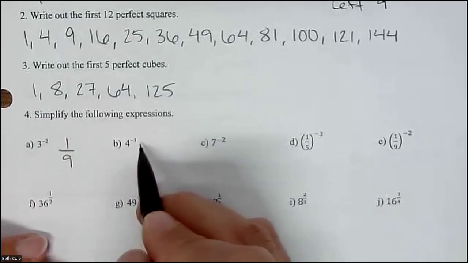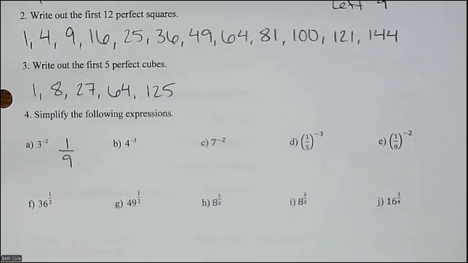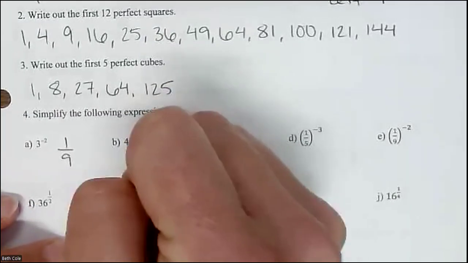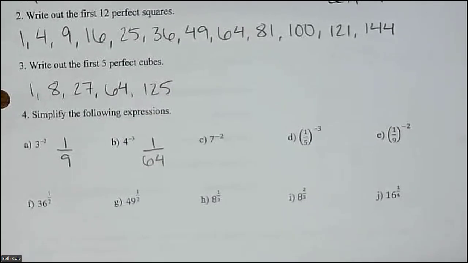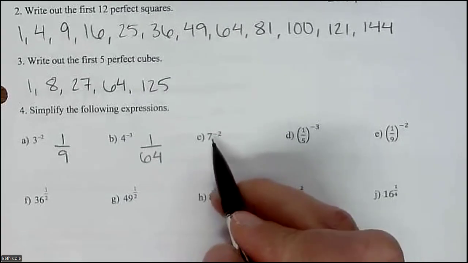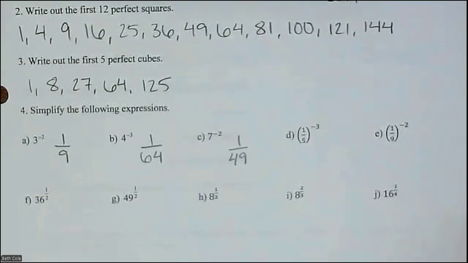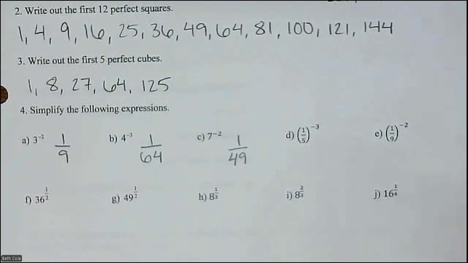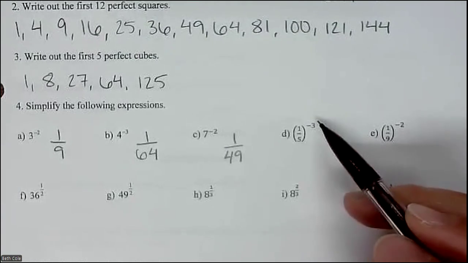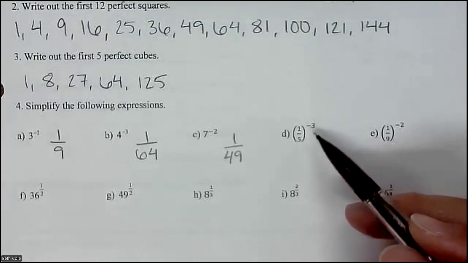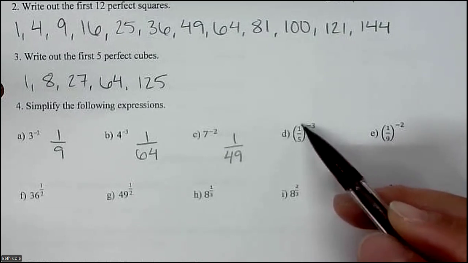So for this one, 4 cubed is 64, but your answer is going to be 1/64. That is all it does. So please don't overthink it. All right. This one would be 1/49. Okay. Now, this looks scary, but it's actually easier because the negative flips this.